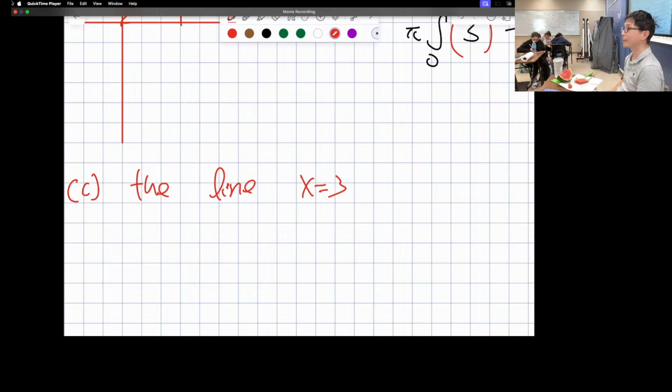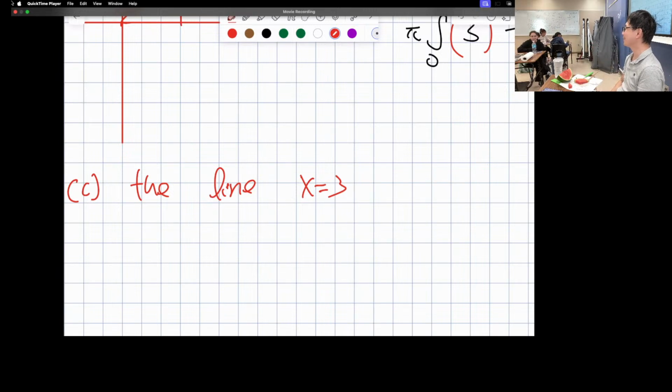Guys, what kind of shape does this look like? Nasir, what did you say? No, you said something else.